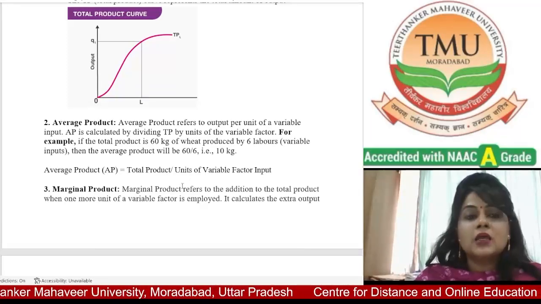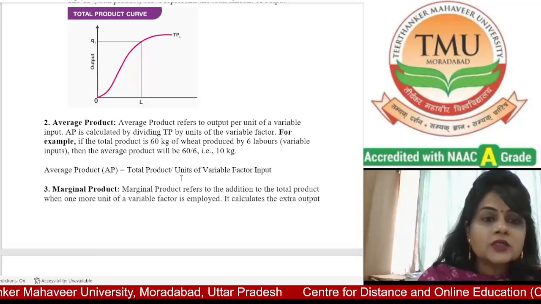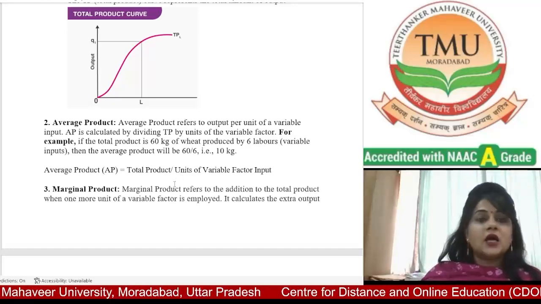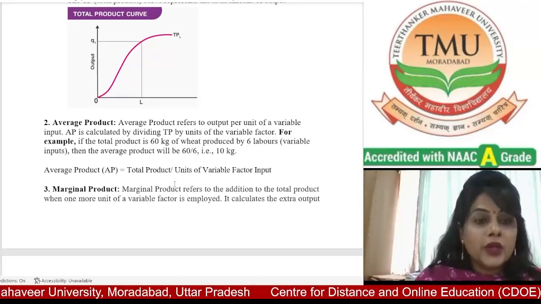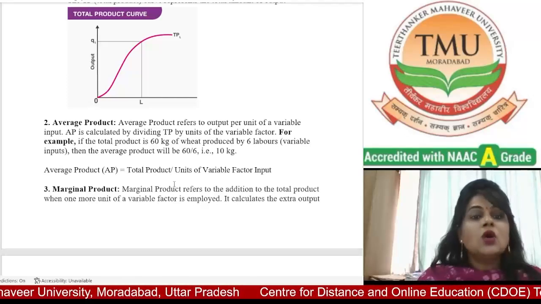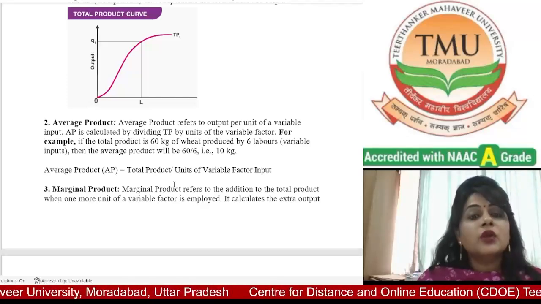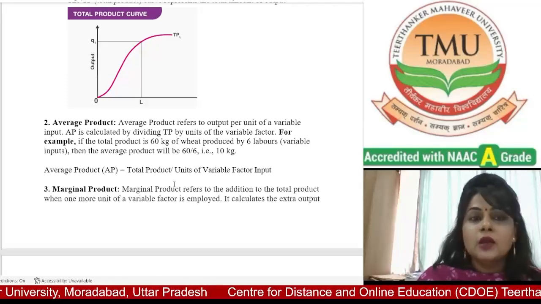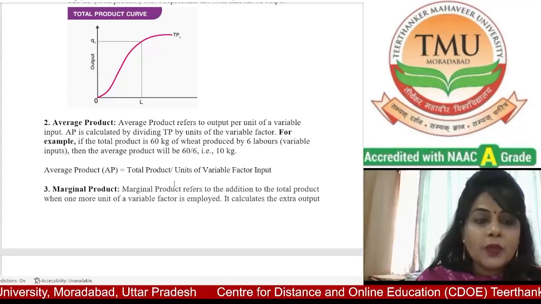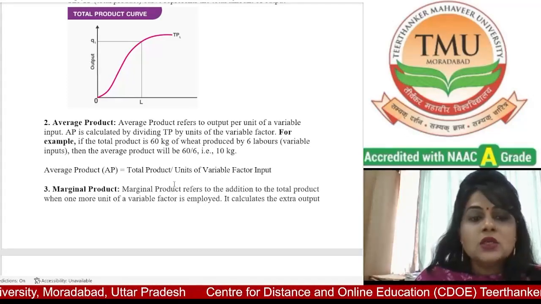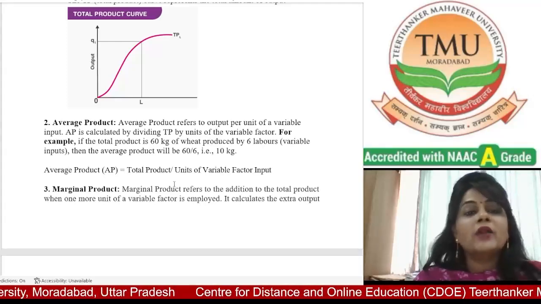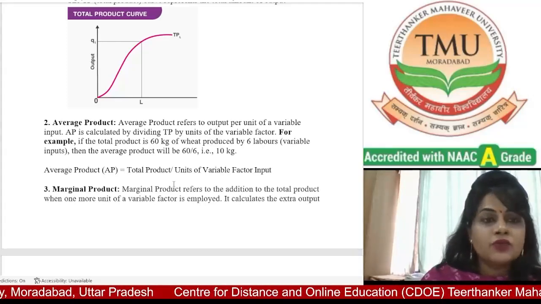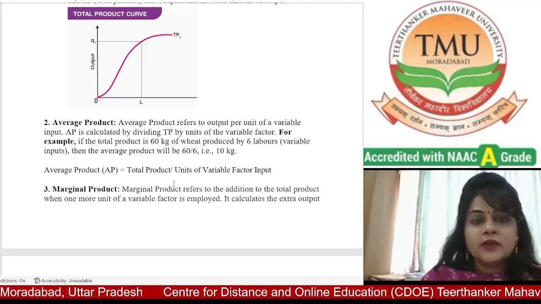In simple words, average product is defined as the output per unit of factor input, or the average of the total product per unit of input, and can be calculated by dividing the total product by the inputs, that is, the variable factors. You can see here the formula of the average product.